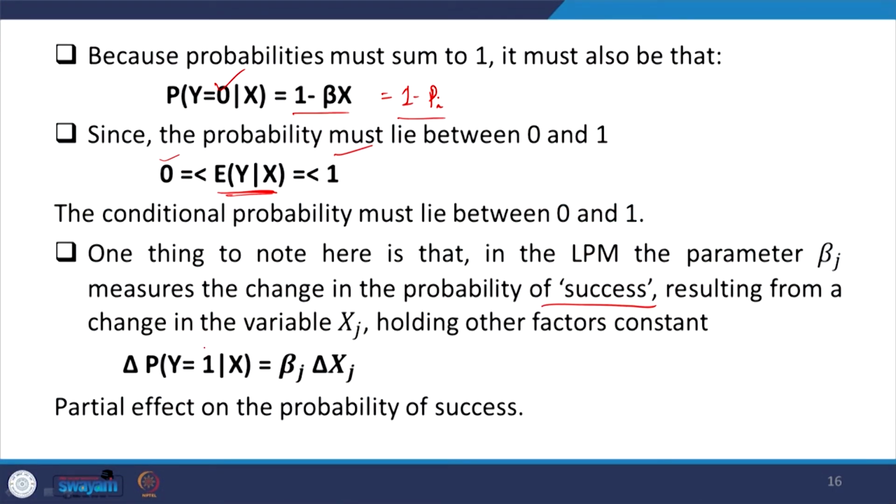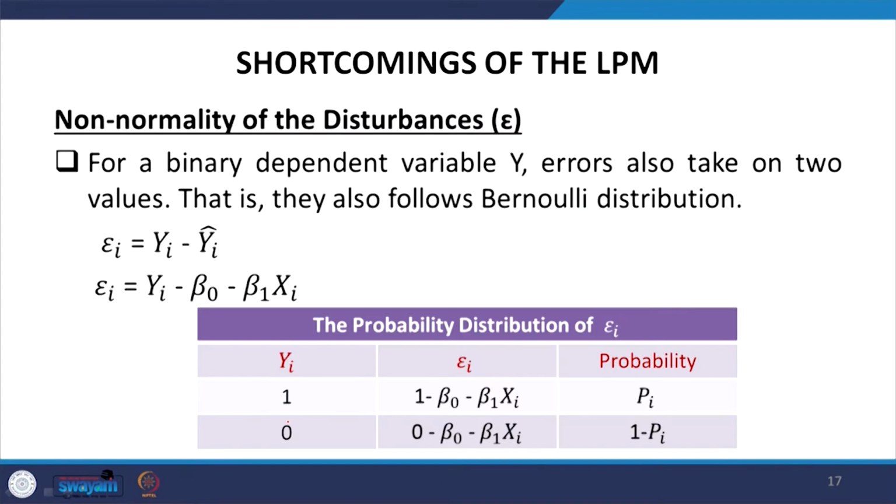So the coefficient, if I take the first order derivative, beta j is simply delta p upon delta x. It is not delta y, it is delta p. These are also called partial effects on the probability of success.